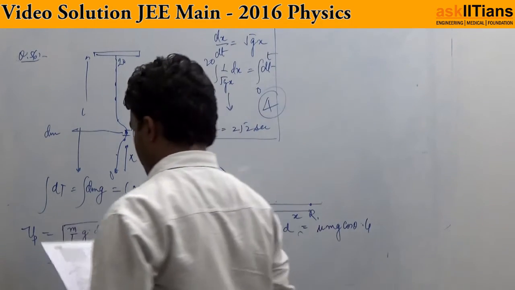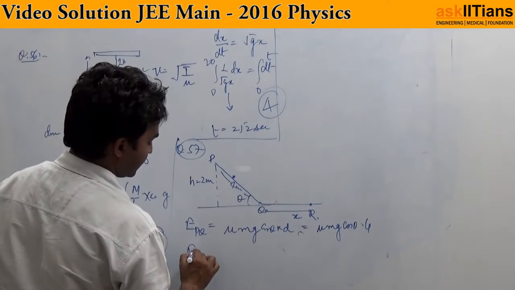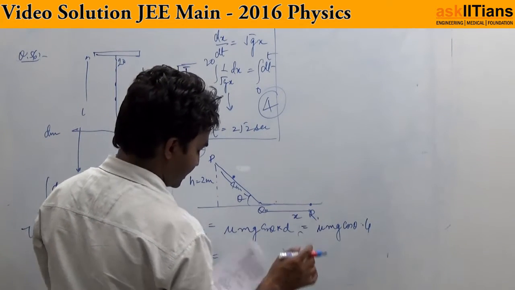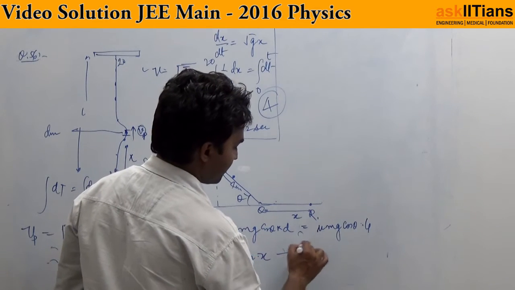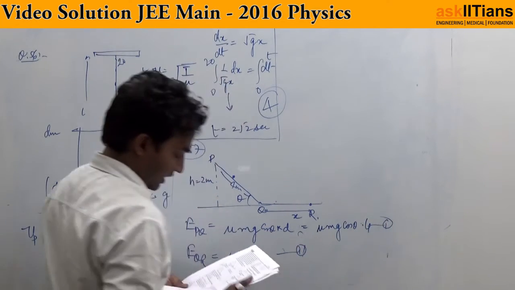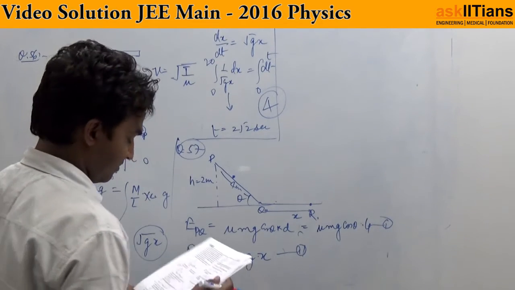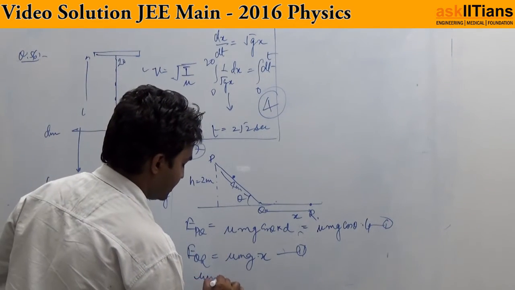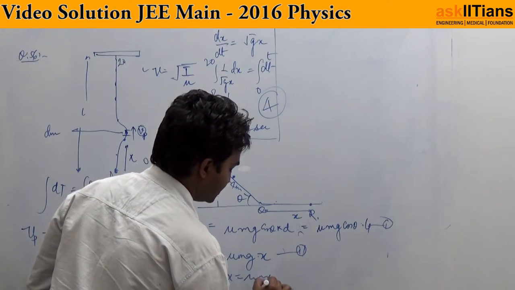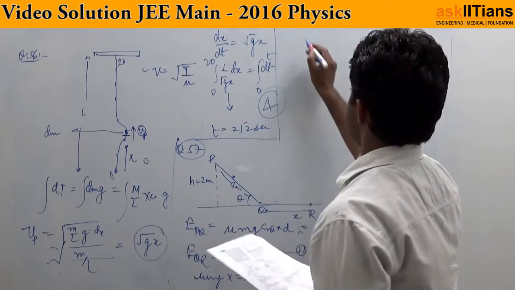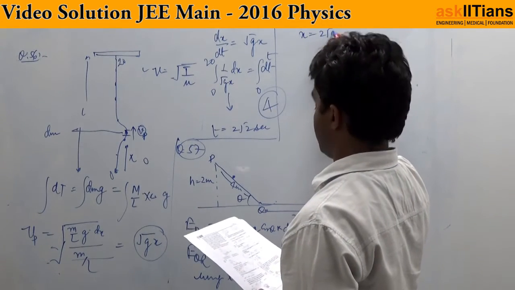Now the energy lost across path QR is mu mg into the distance x. Equating equation 1 and equation 2, since they are the same, mu mg x is equal to mu mg cos theta into 4. Solving this, we get x equal to 2 root 3.